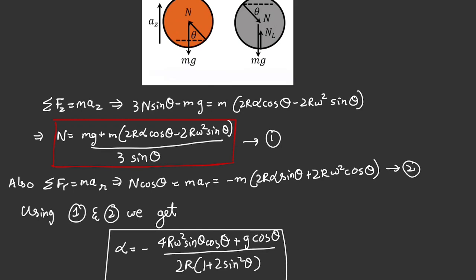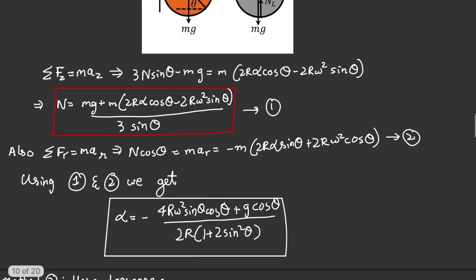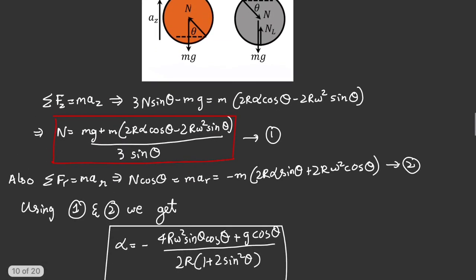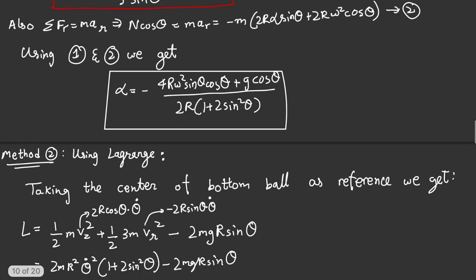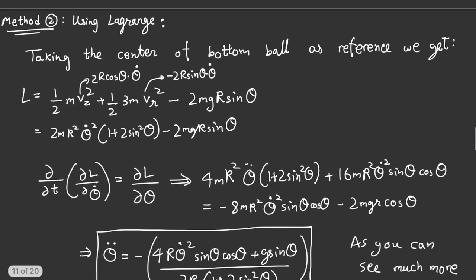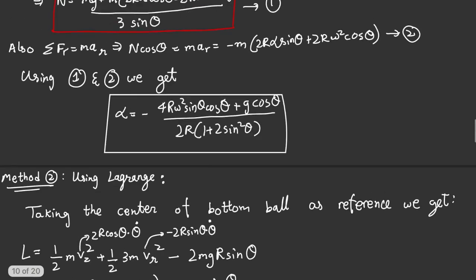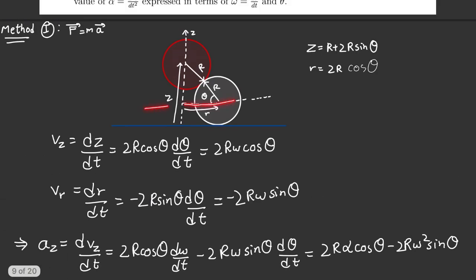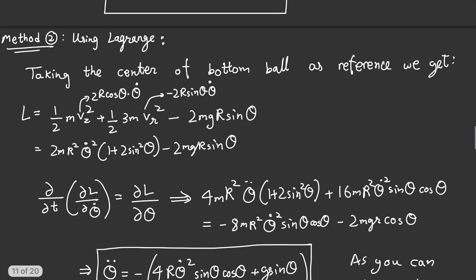So all in all, it is not such a difficult problem to solve by NLM, but as you can see, it's a little tricky, but it's still not that hard. But as you can see, the Lagrangian technique is much simpler. Say we take the center of the bottom ball as the reference for our gravitational potential energy.